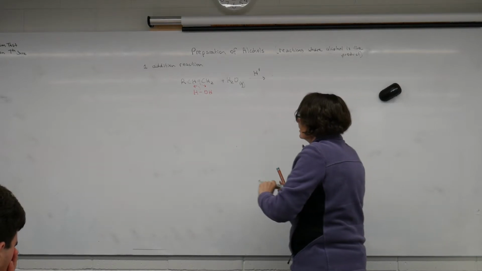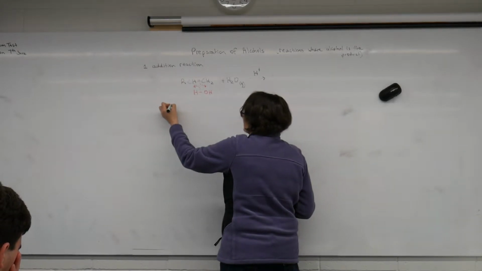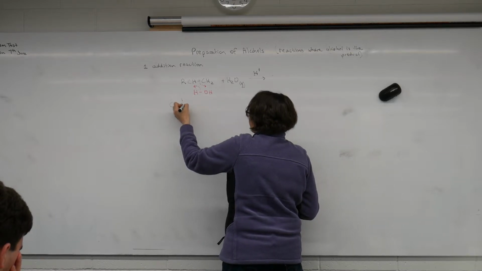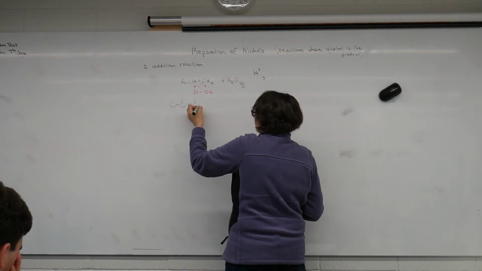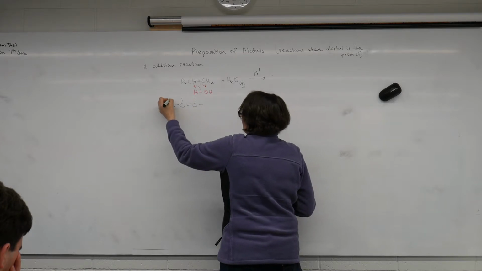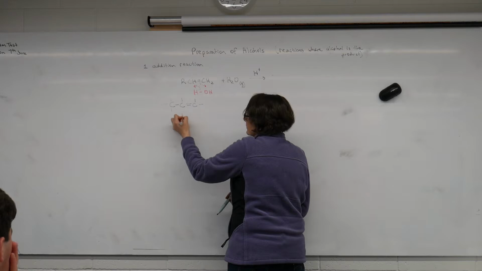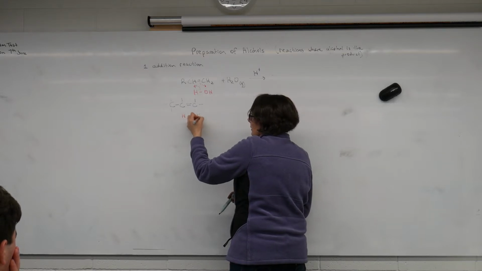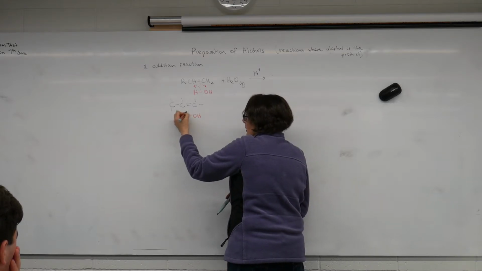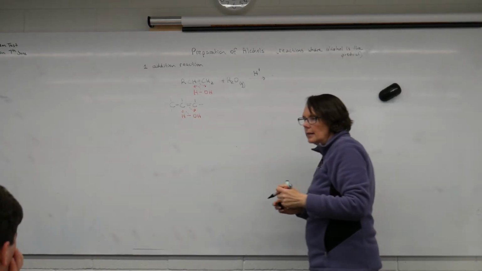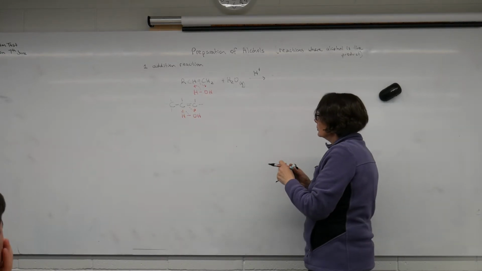So if we look at this a bit more closely, what we're saying is that this bond here will break, and that bond there will break, and they will then form new bonds.